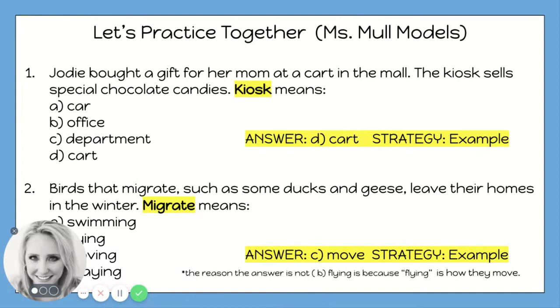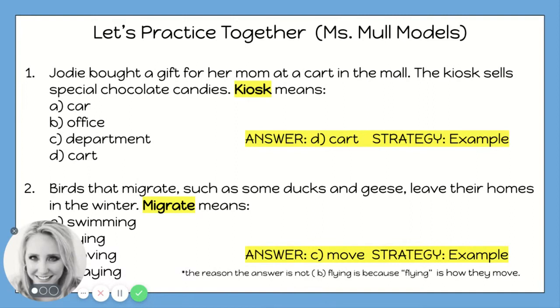When I think about the word department, it does have a connection to the mall in two ways. We can say department store, like Macy's is a department store, Belk is a department store, Dillard's is a department store, but it's being used as an adjective. And to be honest with you, we're looking for a noun. We're looking for a thing.